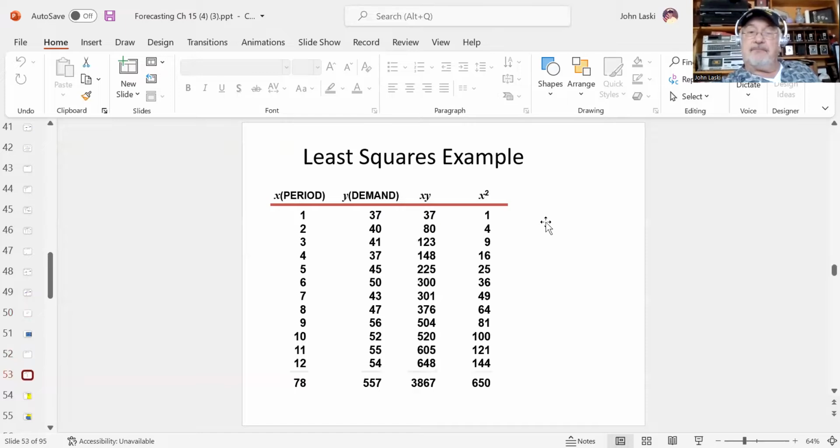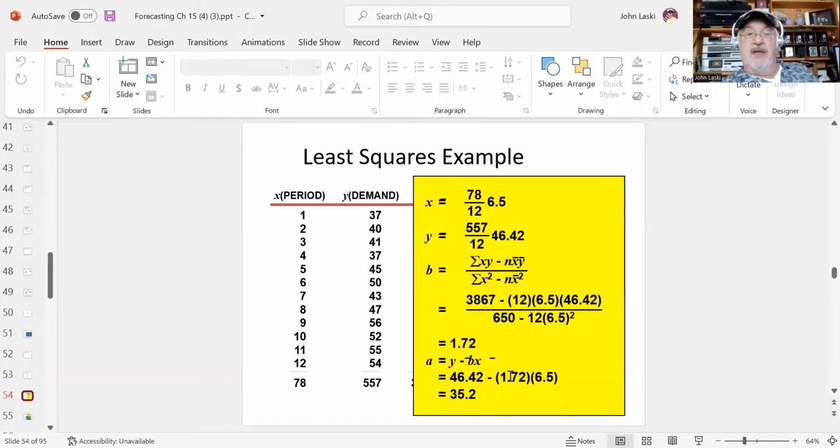Well, how do we get x squared? X times itself. 1 times 1 is 1. 2 times 2 is 4. 3 times 3, 9. 4 times 4, 16, and so forth. And here again, the sum of this column of x squareds is 650.